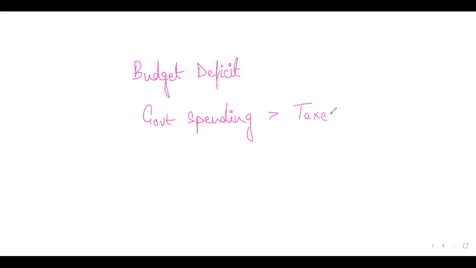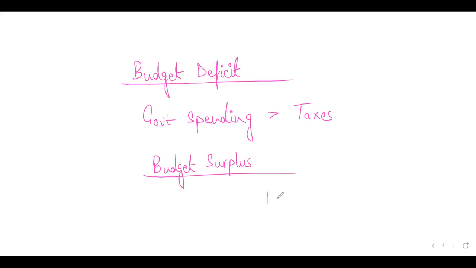And the opposite is a situation where there's a surplus, and that is when taxes are more and government spending is less.